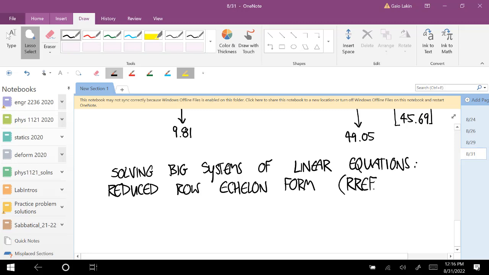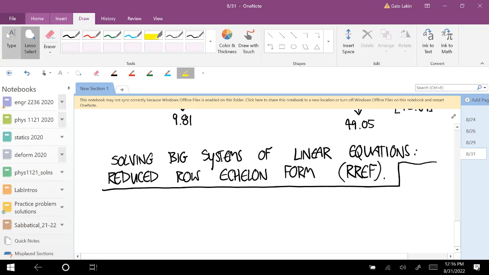RREF. And I'm just going to demonstrate how to do this, how you set it up so you can plug it into your calculator or whatever. And I'm going to do it with this example. This is just 3 equations for 3 variables, but you do it the same way for 20.